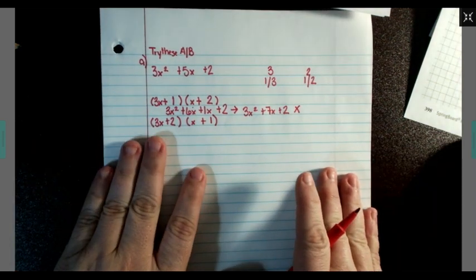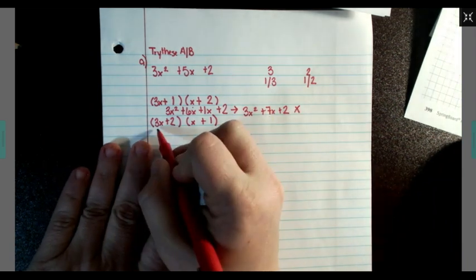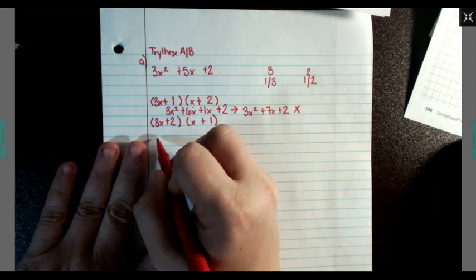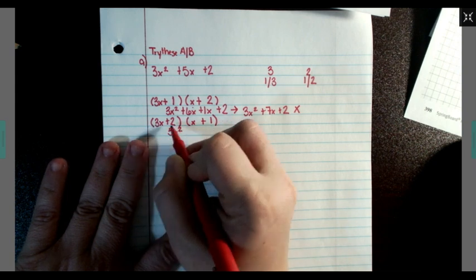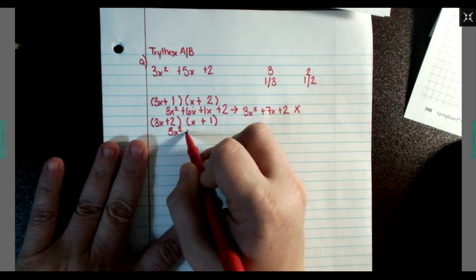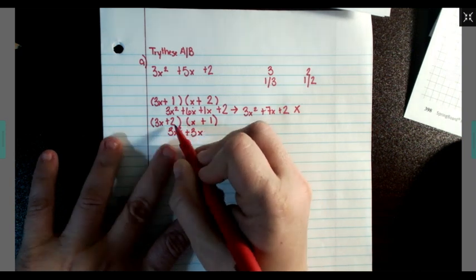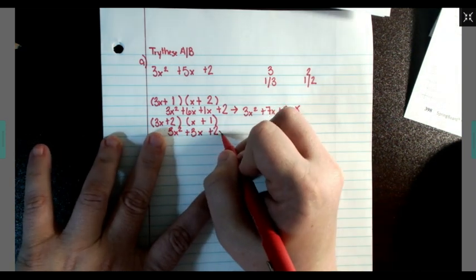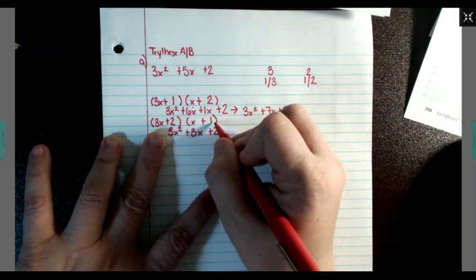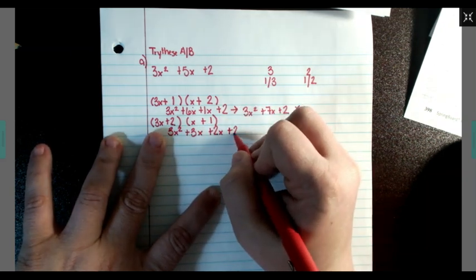Let's take a look at this one. We've got 3x times x, which is 3x squared. We got 3x times 1, which is 3x. We got 2 times x, which is 2x. And we've got 2 times 1, which is 2.